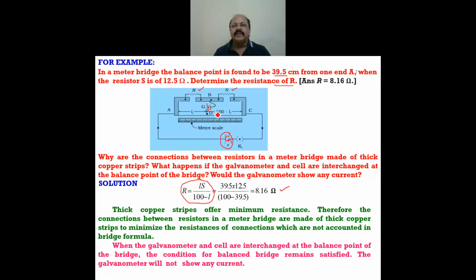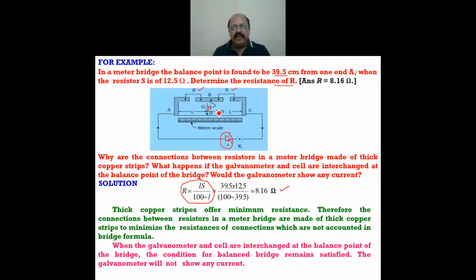Then what happens? Nothing happens. The balancing condition remains the same. So when the galvanometer and cell are interchanged at the balance point of the bridge, the condition of the balanced bridge remains satisfied. Then the galvanometer will not show any current.